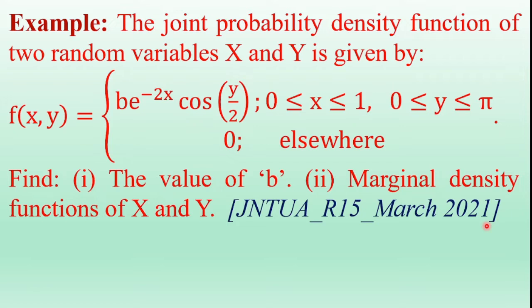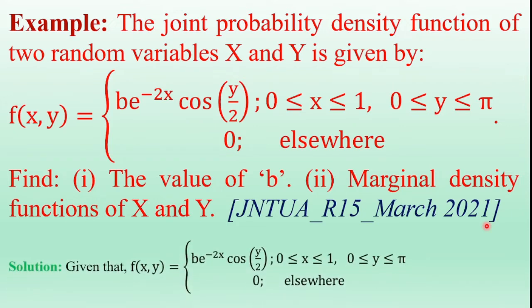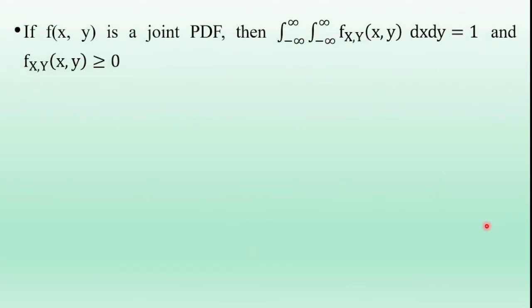Coming to the solution, given that the joint density function is f of x comma y is b e power minus 2x cos of y by 2 for x is equal to 0 to 1 and y is equal to 0 to pi. First calculate the value of b. So first check whether the given joint density function is a valid density function or not. If f of x comma y is the joint probability density function, then integral minus infinity to infinity, integral minus infinity to infinity, fxy of x comma y dx dy is equal to 1.